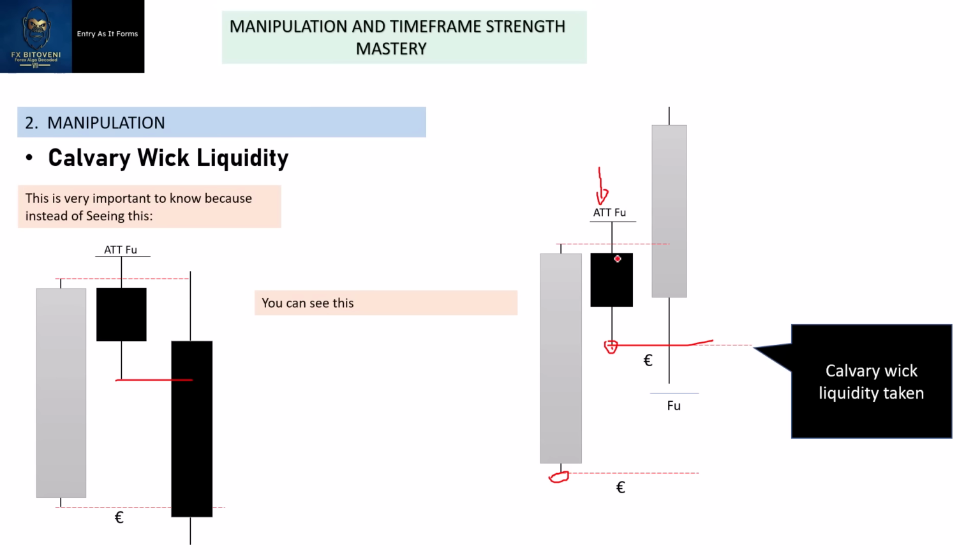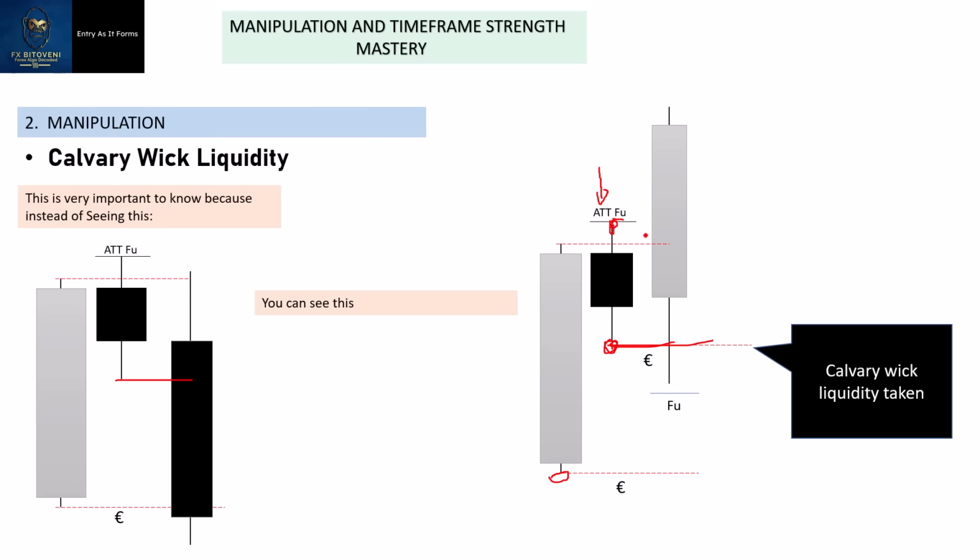Remember, candlestick has liquidity on both sides. This one also has liquidity here and it also has liquidity here. So if this is purged, it's a liquidity that is being taken, right? Every candlestick has liquidity on both sides. This anti-FU will have liquidity on the top and the bottom.